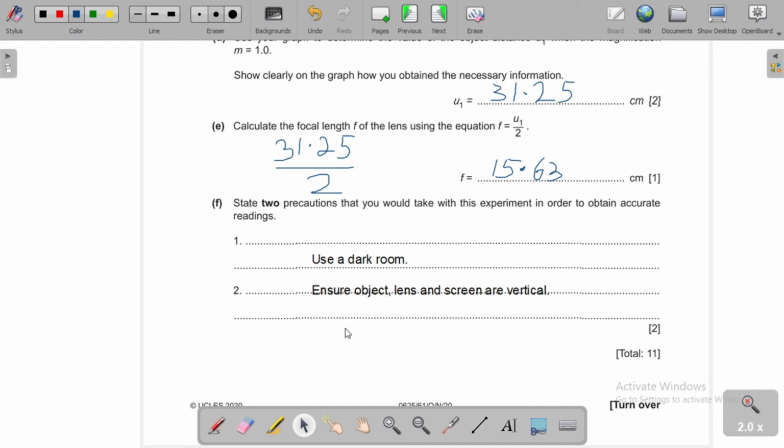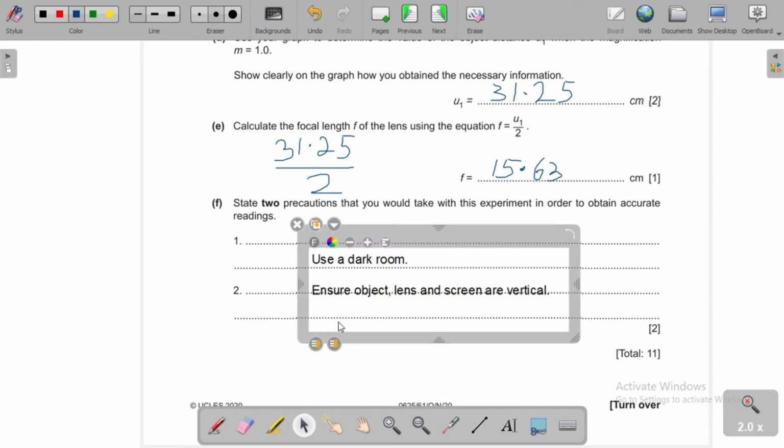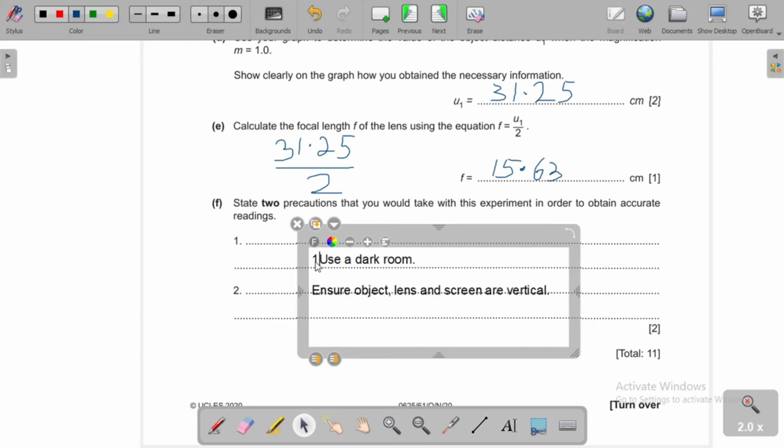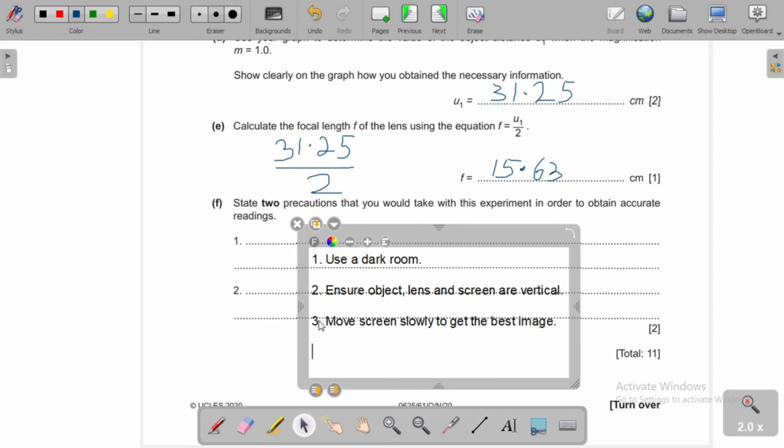Then the next one, maybe I should even number it. Number 1, number 2, number 3. Move screen slowly to get the best image. Okay, I think I should give you the fourth one.